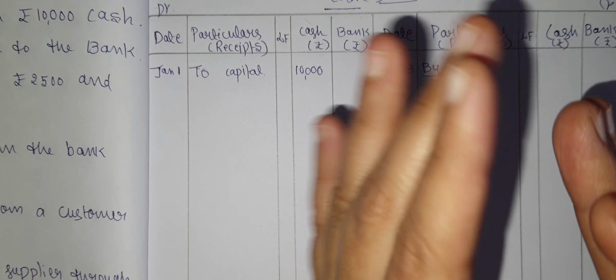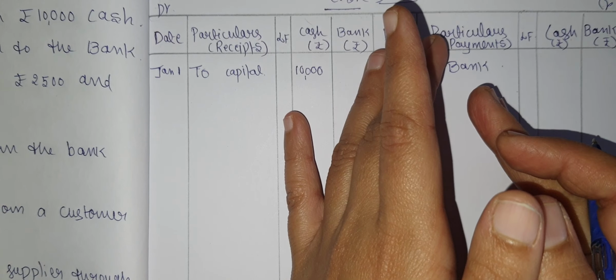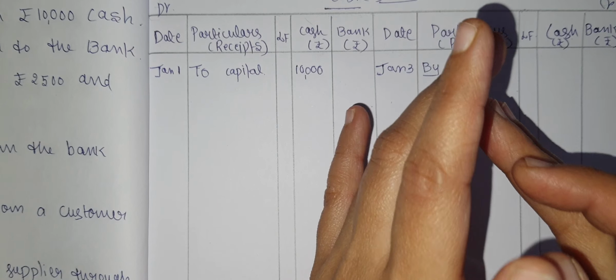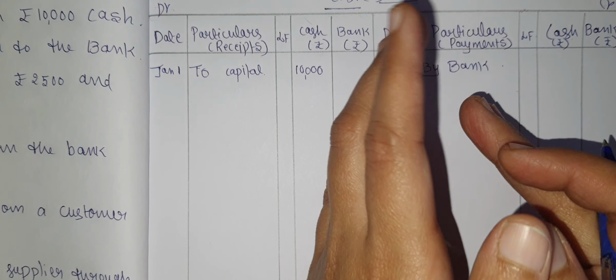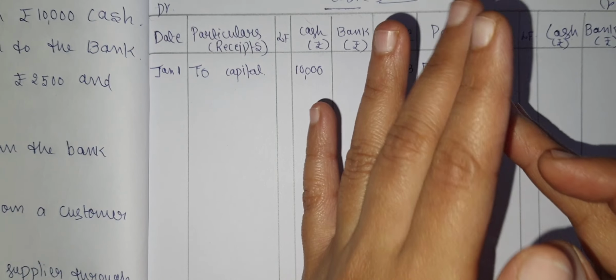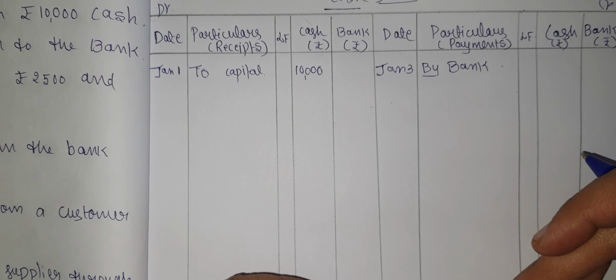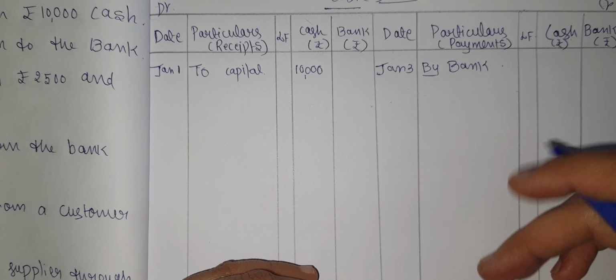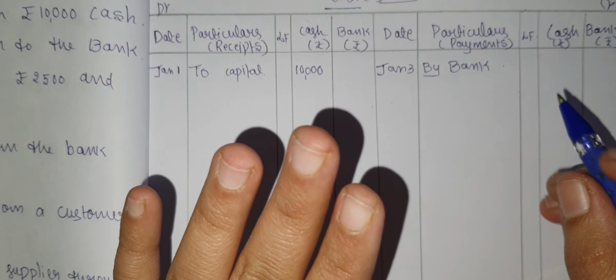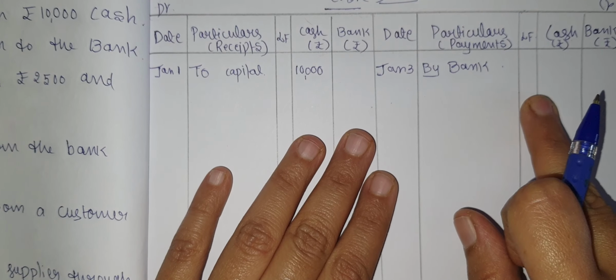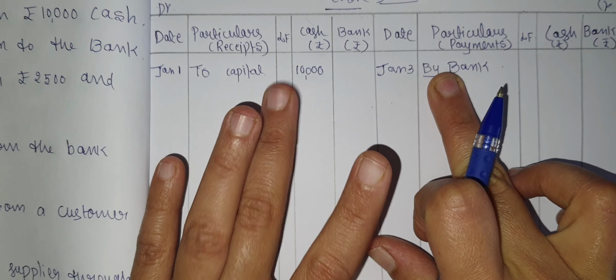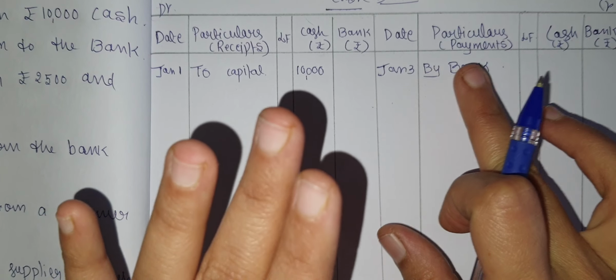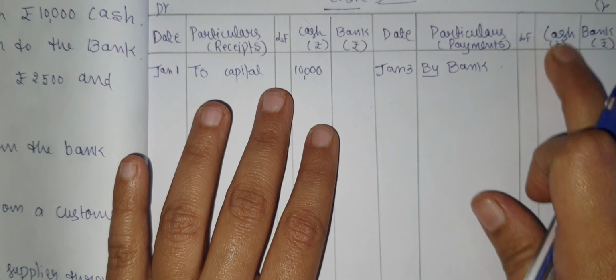So to show this reduction in the cash account, the amount is written in the cash column on the credit side. Why? Because cash is decreasing. Fine. So in the cash column on the credit side, write bank under the particulars and enter the amount under the cash column.